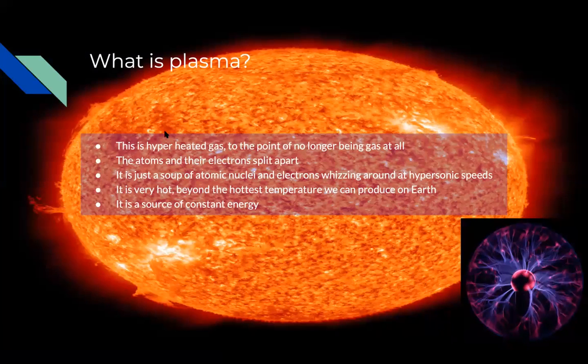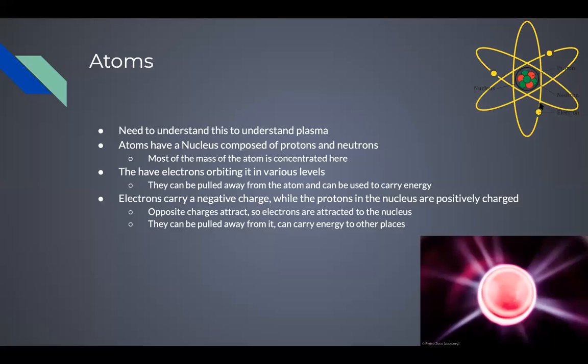What is plasma? In order to create plasma, you have to take gas and heat it to the point of it changing into a state of matter. Changing matter, really. The atoms and the electrons split apart. It's so hot that the electrons aren't bound to the nucleus anymore, because if you will recall, electrons are negatively charged and the protons are positively charged. Opposite charges attract, so the electrons are attracted to the nucleus in that way and are bound.